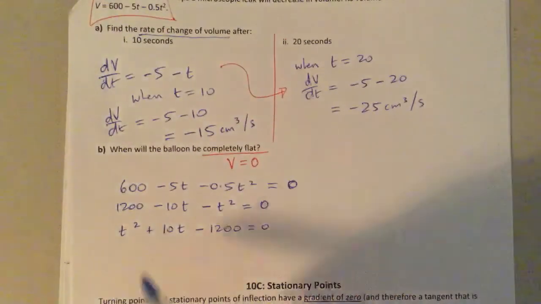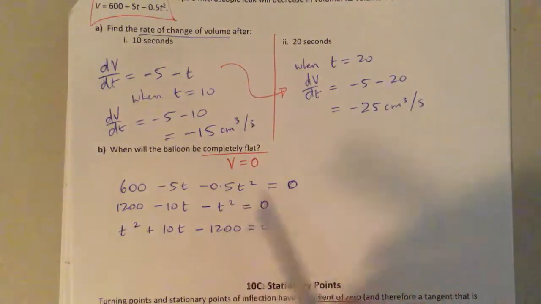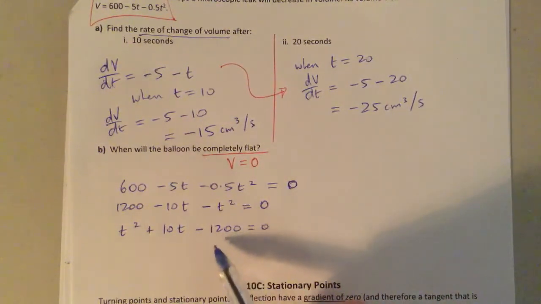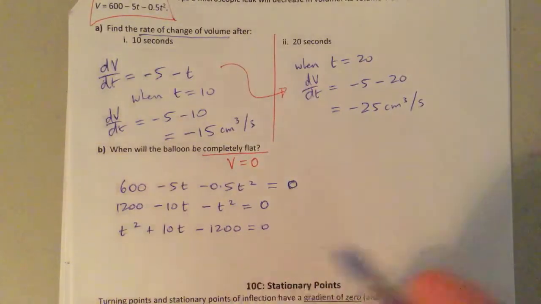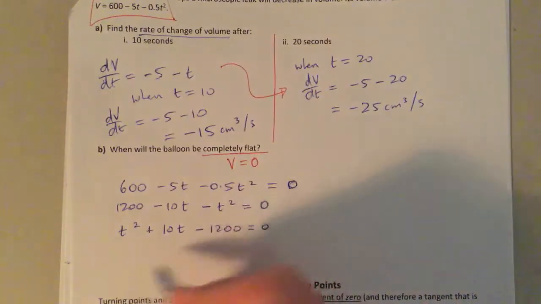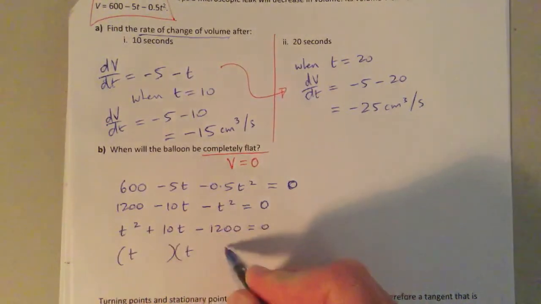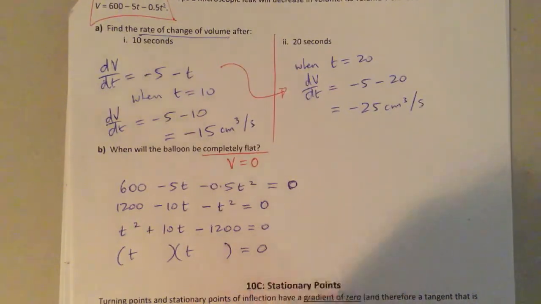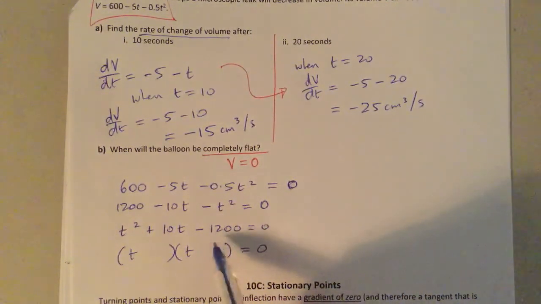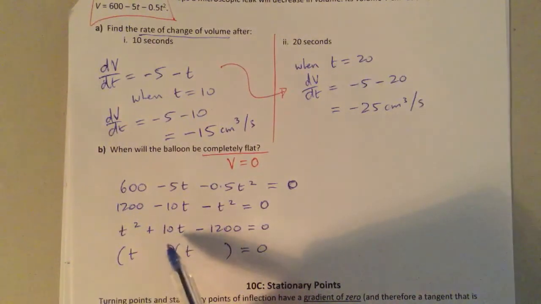Now, this is a quadratic trinomial, and that last term's 1200 probably scares you off a bit. You think, oh, I've got to think of two numbers that make 1200. Well, you can think of two numbers that make 12, and add a 0 to the end of each of them. So it's not as bad as it looks, and you can use a little bit of trial and error here. You're looking for two numbers that multiply to make -1200, so you need a positive and a negative number, and the two numbers have to have a difference of 10.